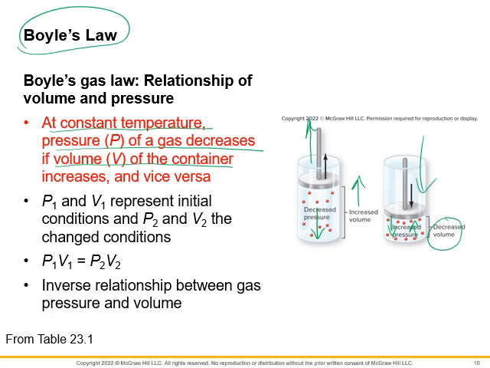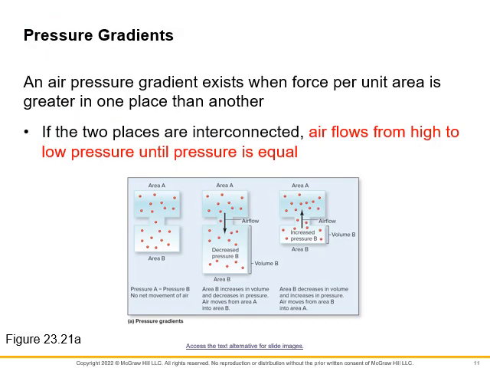If I push the plunger back down, if I squeeze all of those air molecules into a confined space, it increases the pressure inside that cavity. And this is exactly what's happening in our thoracic cavity. So we have to talk about pressure gradients, and then I'll talk about exactly what's happening in the lungs.